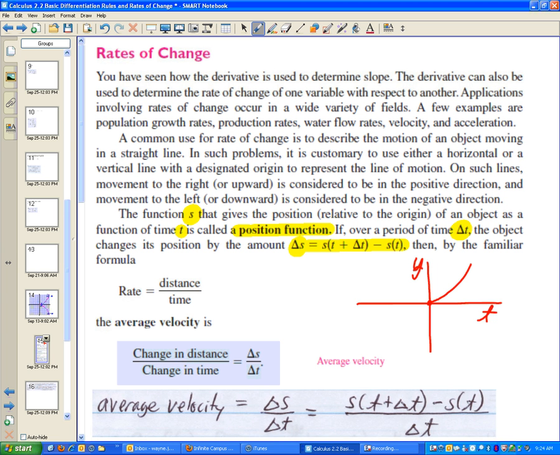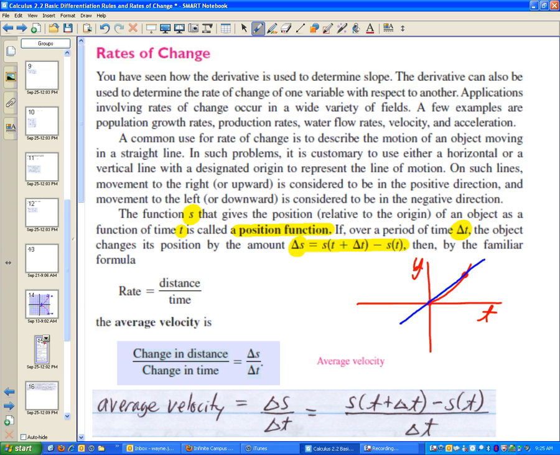Now, in general, before we knew anything about derivatives, we could find an average rate of change with a secant line. We would take the new position, subtract the original position from it, and that's how far the object has moved.